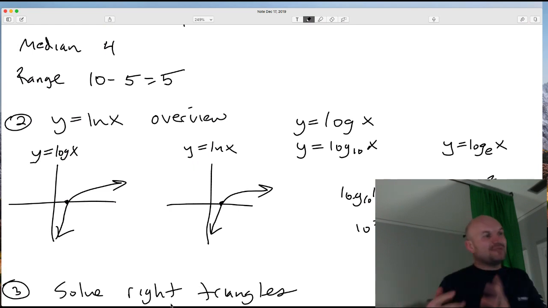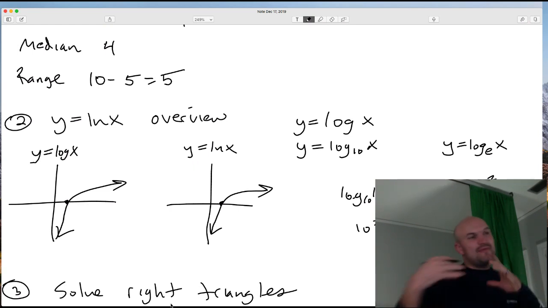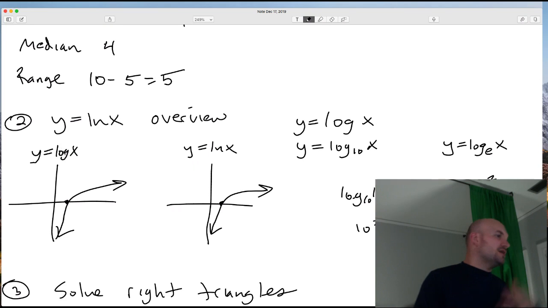As well, the transformations and the properties, like the product property, the quotient property, the power property, are exactly the same whether it's a log to base 10, base 2, 3, 4, or a log to base e, which we just write with different notation, ln of x. So I'm hoping that helps you out as a basic little overview.